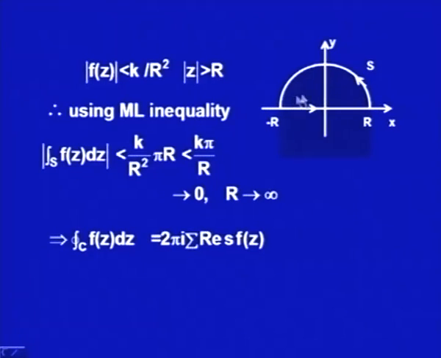There we calculate all the residues of the function f z at the poles in the upper half plane. Like that we could do. So, let us see how we would apply it with the help of one example.